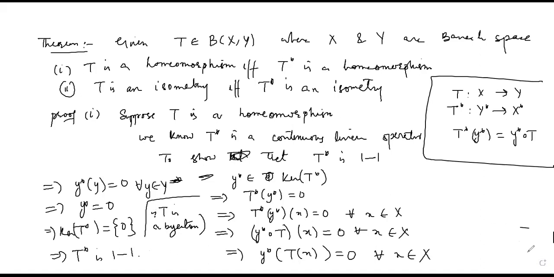Next, we used the open mapping theorem. Now, to show that T star is onto, that is sufficient actually, because we are dealing with Banach spaces.